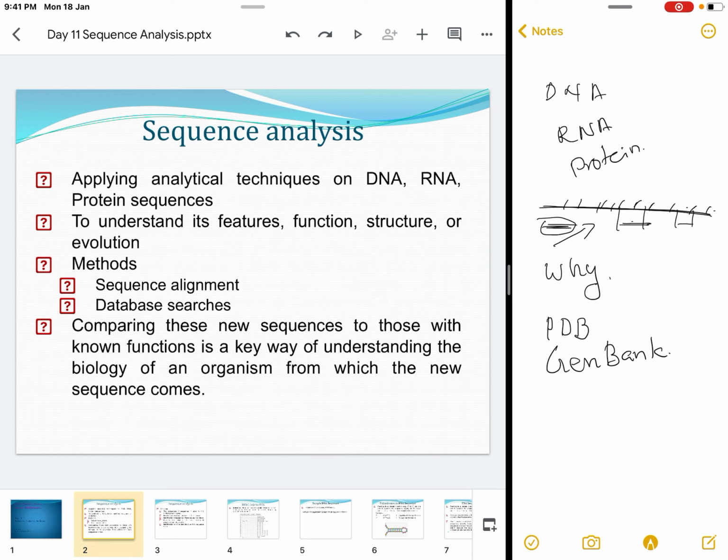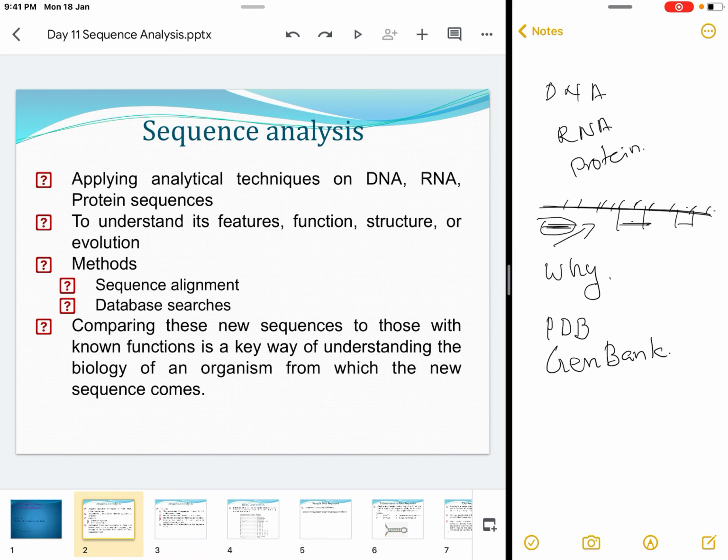In all these databases, predefined sequences are stored with all the genetic information associated with them. So whenever a new sequence is given, we may have to search in these databases to make a comparative study.